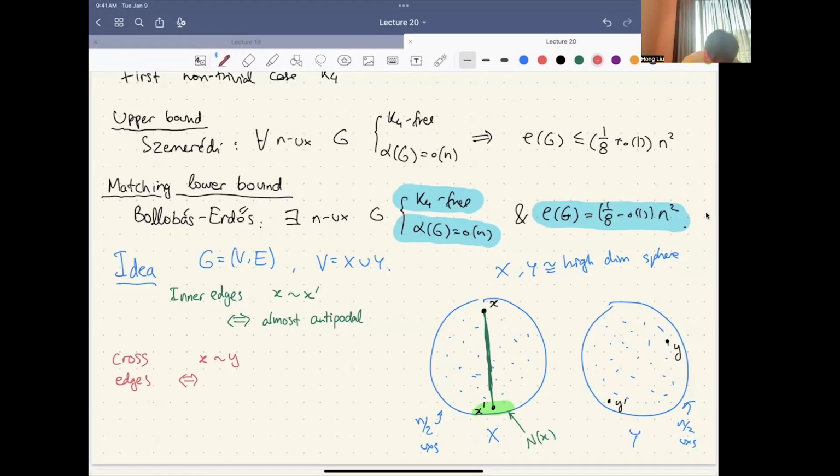So this is y, and we imagine x and y live in the same place. You look at the hemisphere around x.